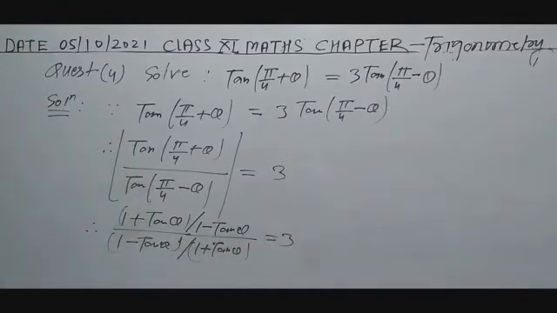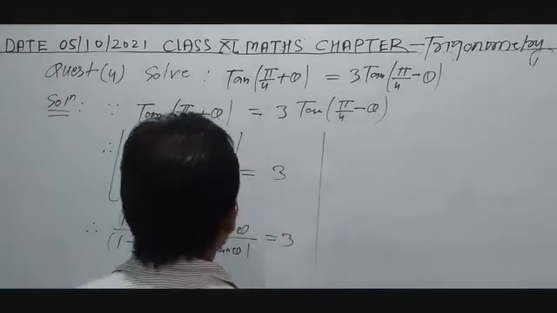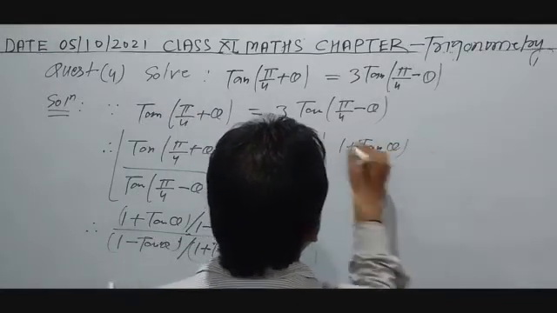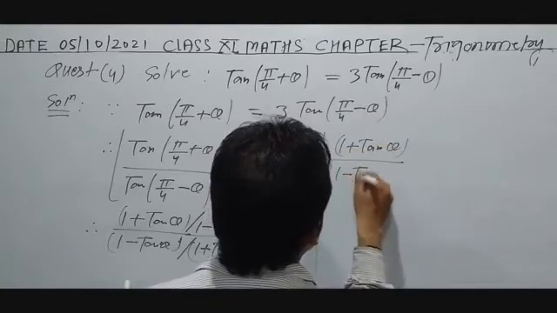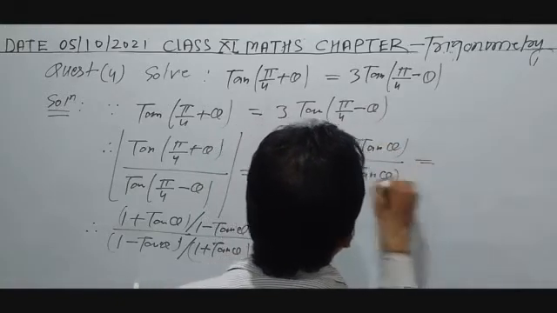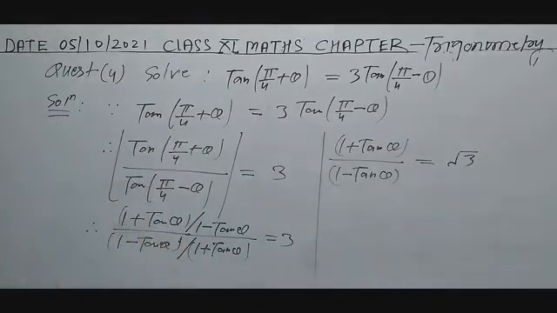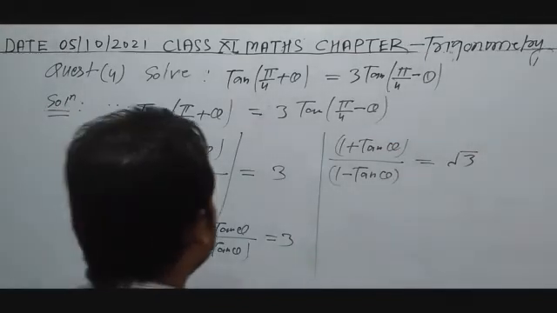Now this calculation will be (1 plus tan theta) whole upon (1 minus tan theta) is equal to root 3, because this will be square and the square will go to the right hand side, so the result will be root 3.